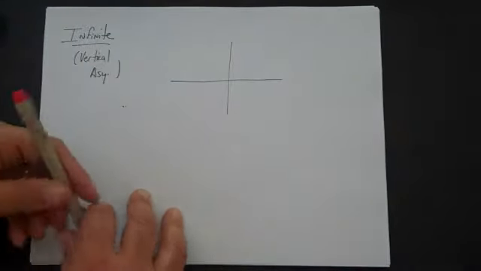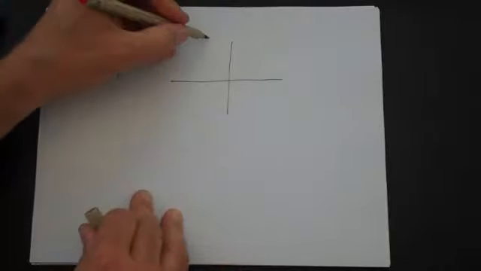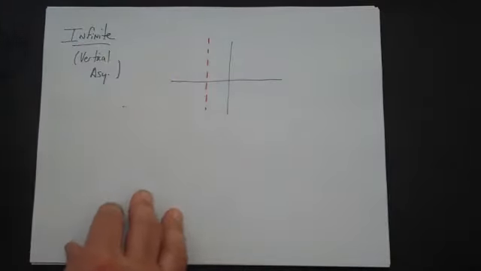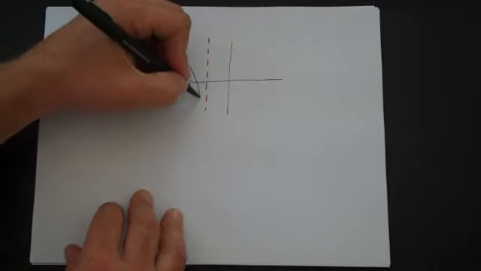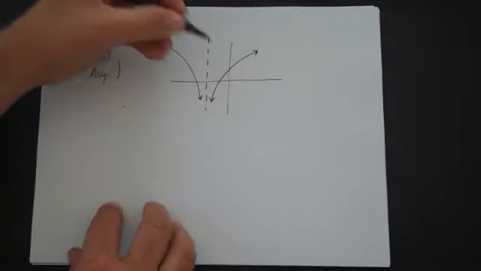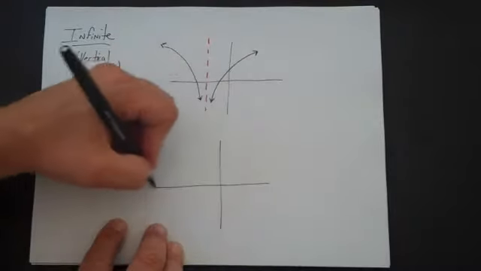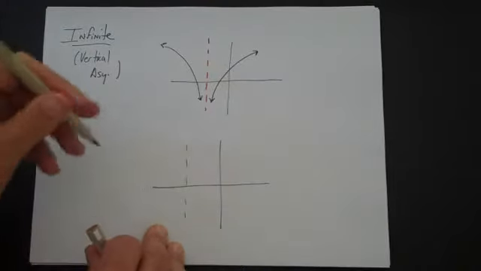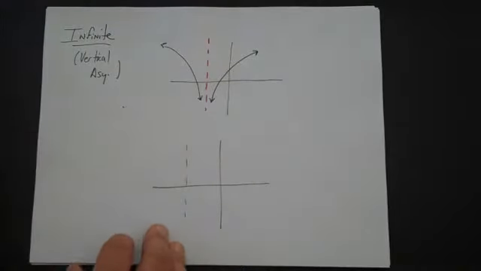An example of such a discontinuity would be something that looks like this. You have, at some value of x, a vertical asymptote, and then you have a function that looks like this. Or another example, you have a function which, it doesn't really matter which way it goes.